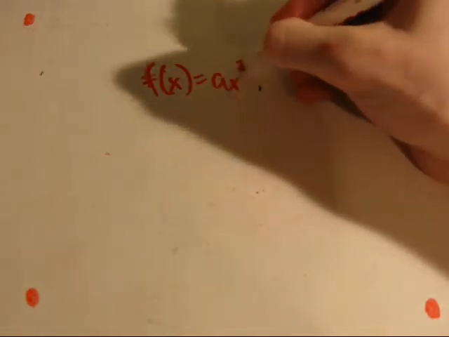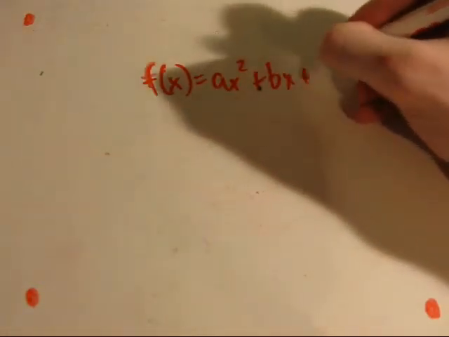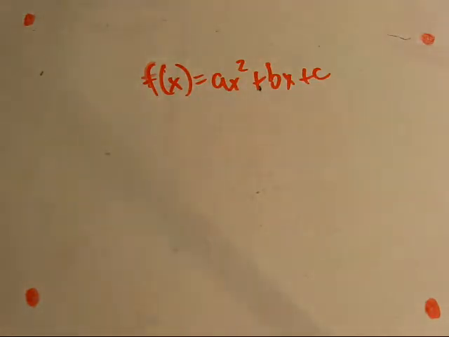And it's ax squared plus bx plus c, where a is not equal to 0, and a, b, and c are all constants. If you've already seen my previous videos, you know that this is a parabola graph, only in a function form.